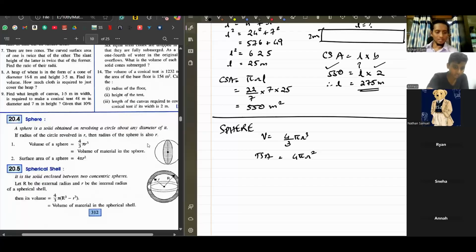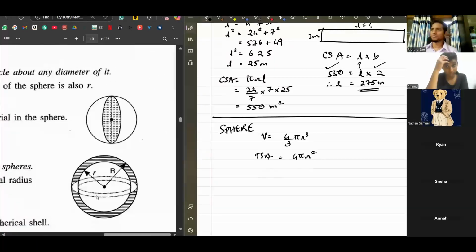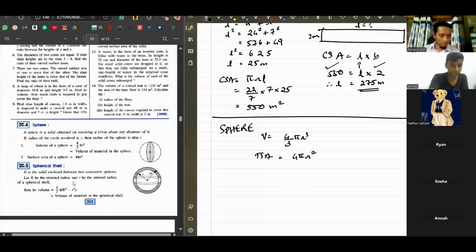Now, other than a normal solid sphere, you also have a spherical shell. That means a hollow sphere. Like actually, a football is like this, right? There is a material outside, inside is hollow. So if you want to find the thickness of the material, you have to do capital R minus small r.